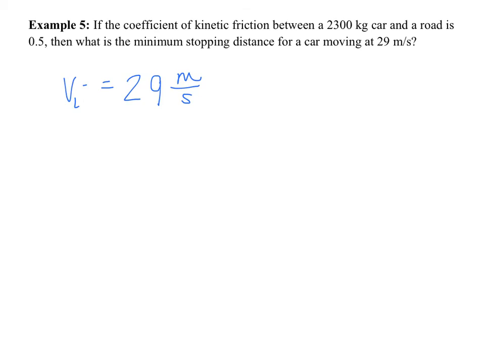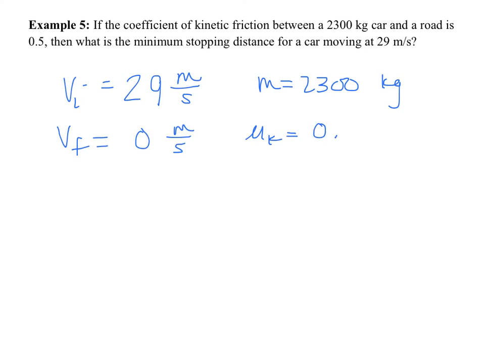And then what's VF? Yeah, VF is 0 in this problem. Again, the car is traveling, then the brakes are applied, and then it comes to rest at the end of the problem. The mass of the car is 2,300 kilograms. Mu k is 0.5, and that is unitless.